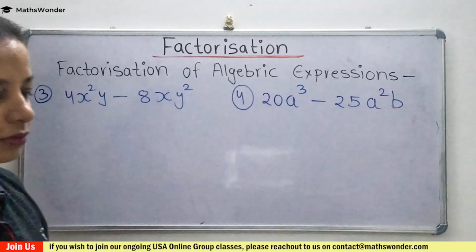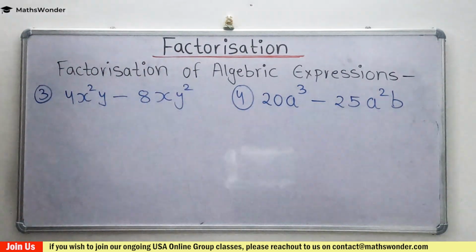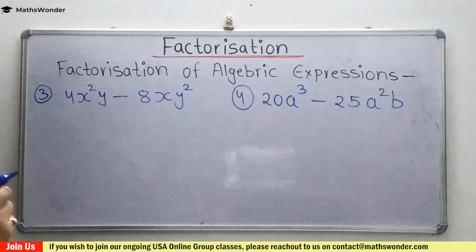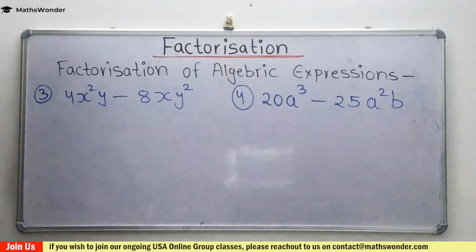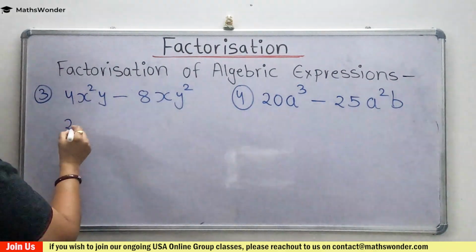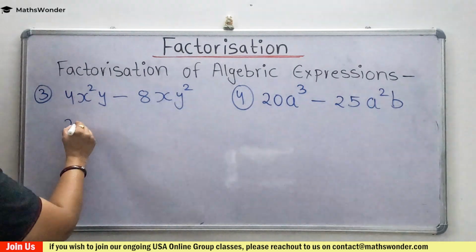No. What is common to 4 and 8? What is the number which divides both the numbers? 2. Okay, start with 2. Anyway, is there any other variable we can take out? X and y. Correct.